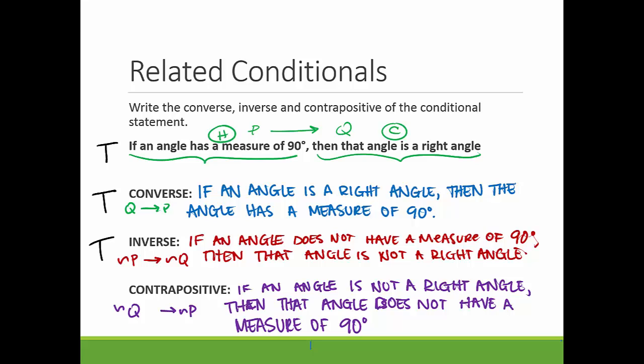So no right angle, no 90 degrees. That one's also true. Sometimes not all of them are true. It depends on how things are worded. So once you make the converse, the inverse, and contrapositive, you're always going to be asked its truth value. Double check that what you did makes sense.